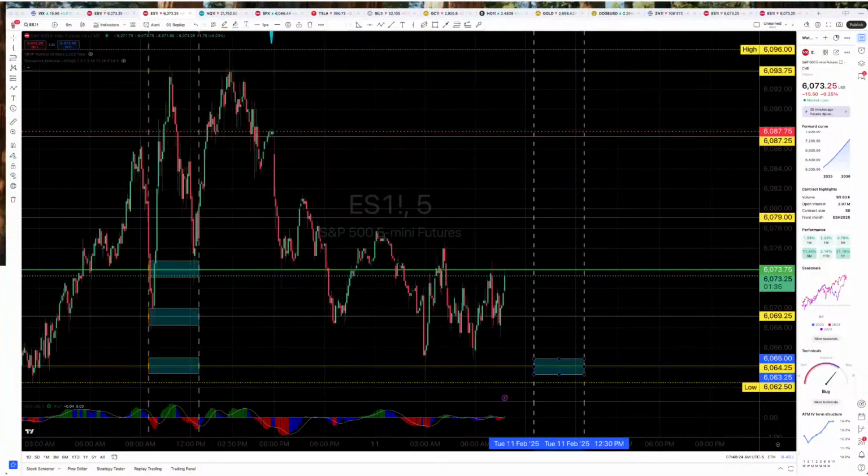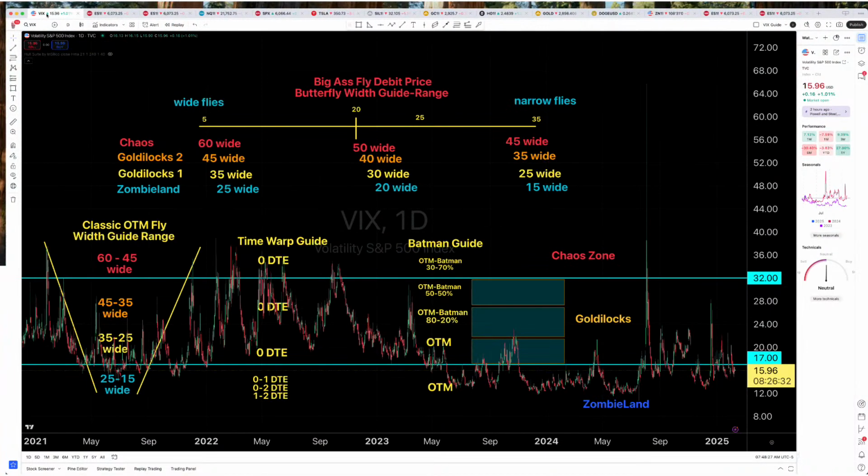So we will start with, I got to go over here and choose the TradingView and get to the right chart. First thing we do is take a look at the VIX and see where it is in its volatility regime so we can determine the width of our butterfly.